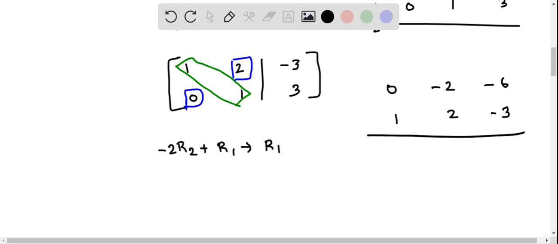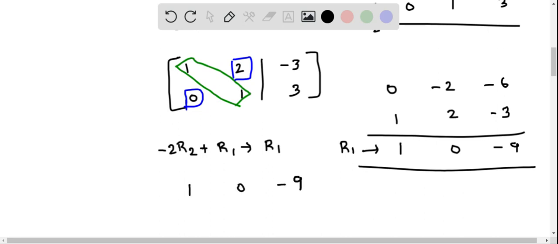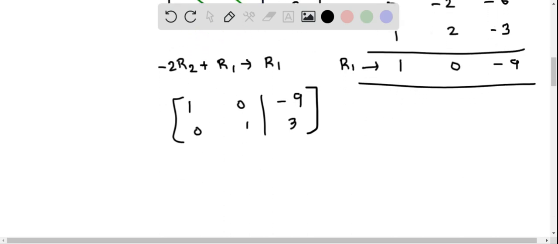Now add this together. 0 plus 1 is 1, 2 minus 2 is 0, and -3 minus 6 is -9. So this is the updated row 1. Let's write it down here. It becomes 1, 0, -9, and then the row 2 elements are 0, 1, and 3.